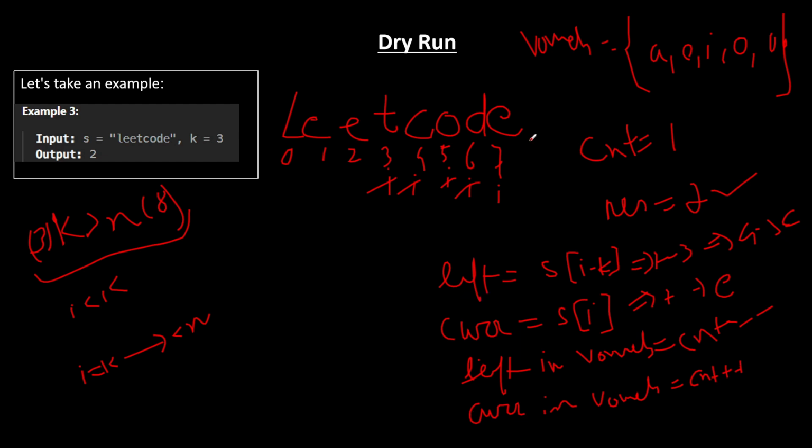But we're getting an E, which is a vowel, into our window. Count will be incremented and count will become 2. And when we compare result and count, who is the maximum? Still 2 is there. So no one is maximum and result has a 2 at the end. And we return 2 as our output, as you can see, right? So this is a dry run. I hope you understood it.